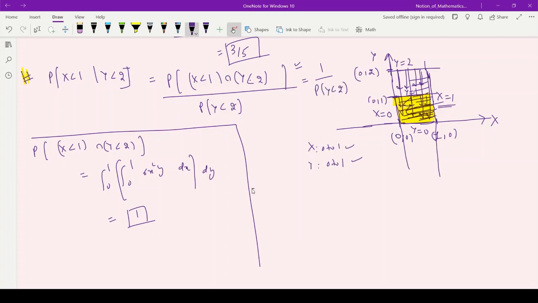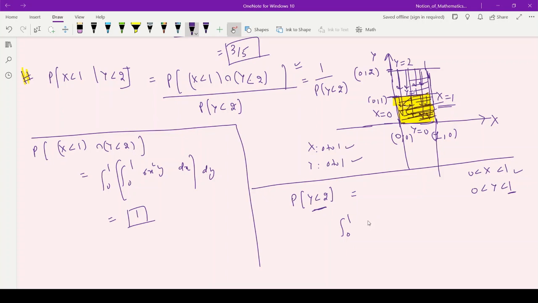But now students, our next aim is to find the probability of y less than 2. How to evaluate? Probability of y less than 2 means what? We have to take the original concept. Our original limit is x between 0 to 1 and y between 0 to 1, so the upper limit is actually defined for 1 only. We have to take the limit of x as it is, because no limit is given upon x.